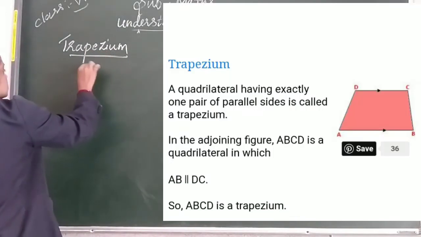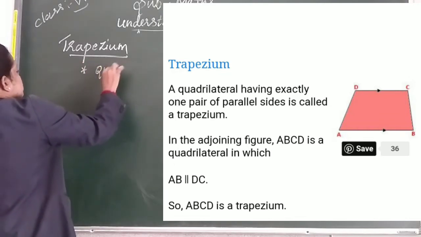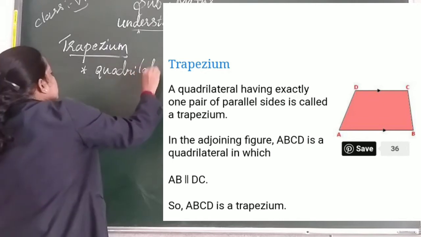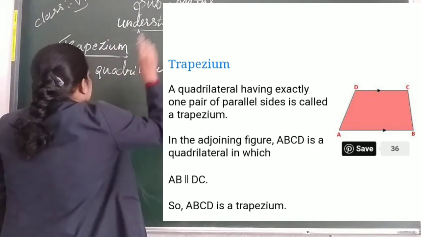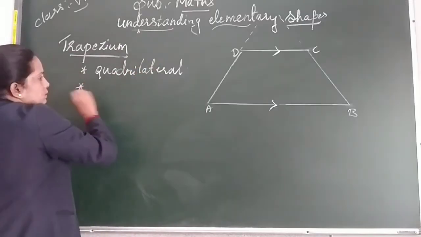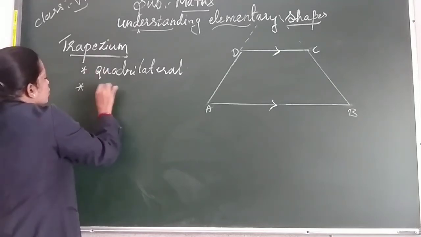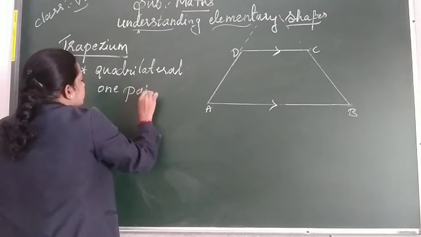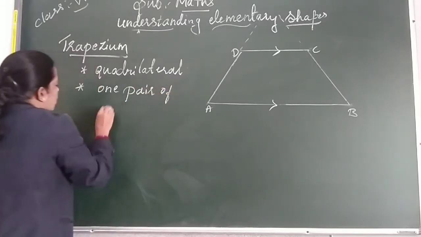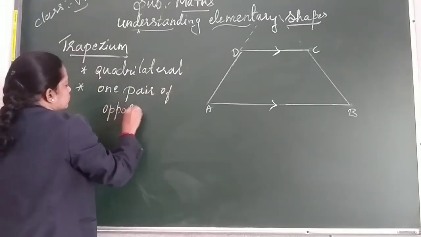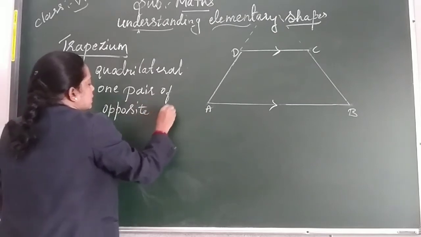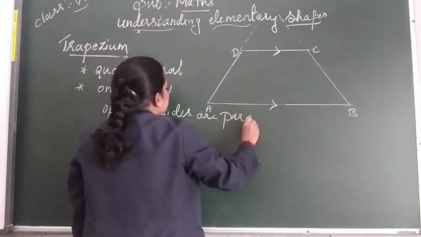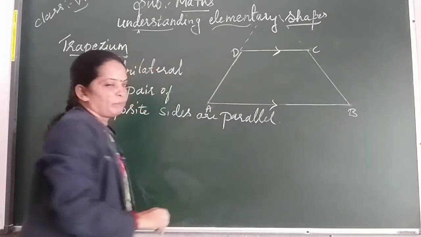So here a trapezium is a quadrilateral. Then one pair of opposite sides are parallel.